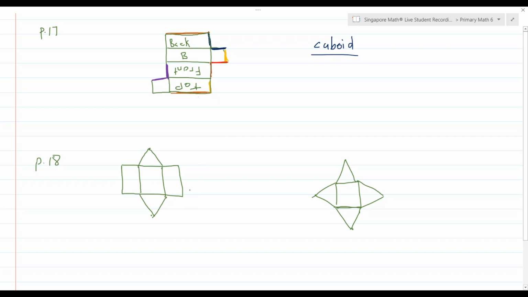Let's think about what this one is going to do. It's going to have two triangles and three rectangles. When I fold this, this side and this side are going to meet, and this side and this side are going to meet on both edges, right?